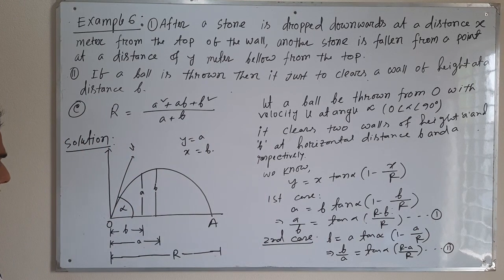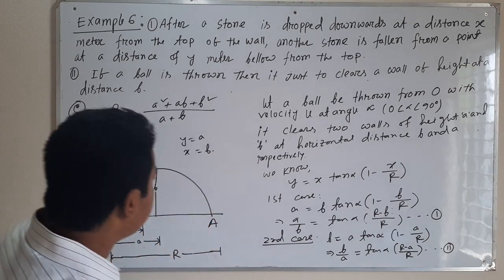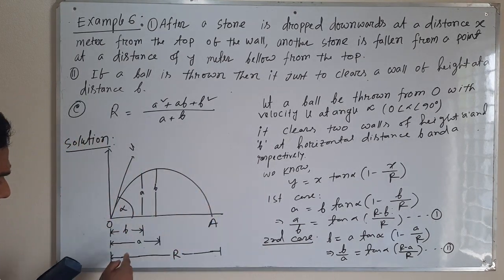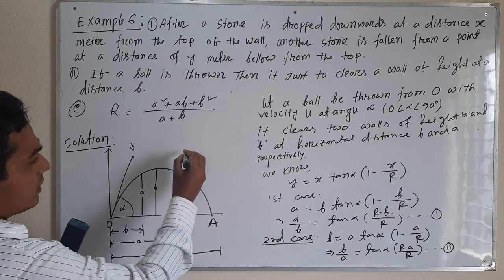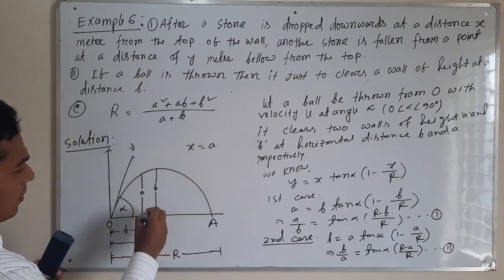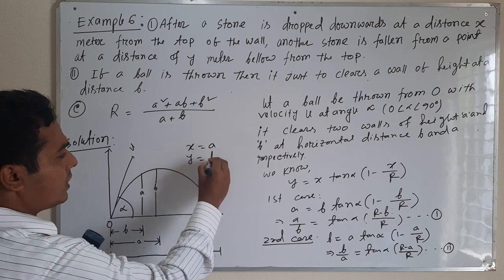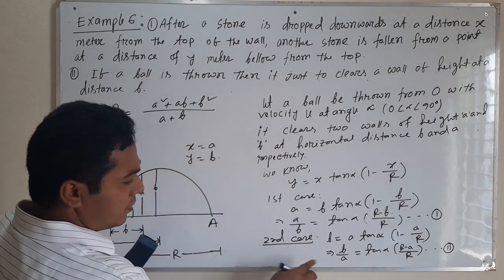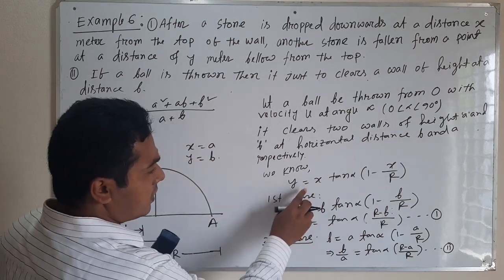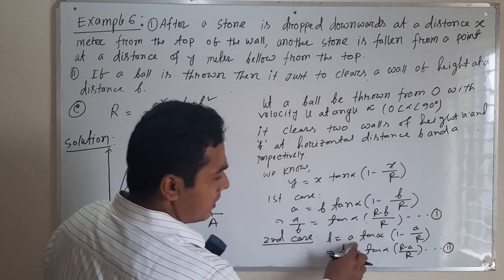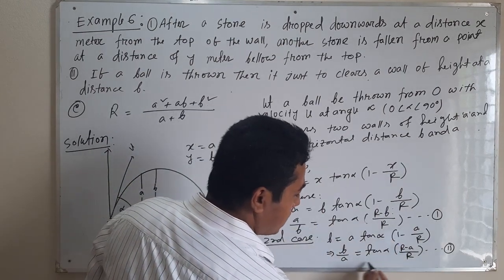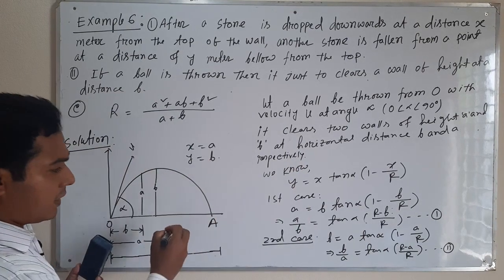And for the second case, horizontal distance is a, that means x is equal to a, vertical distance y is equal to b, so b is equal to a tan alpha into 1 minus a divided by R. This is equation number 2 from the second case.